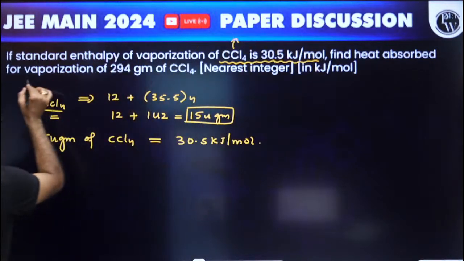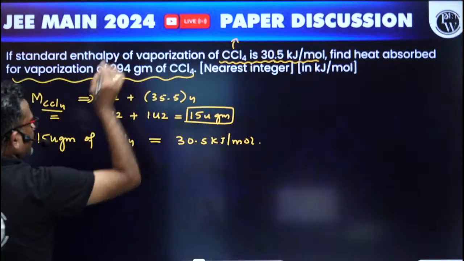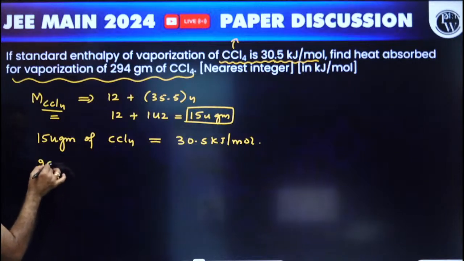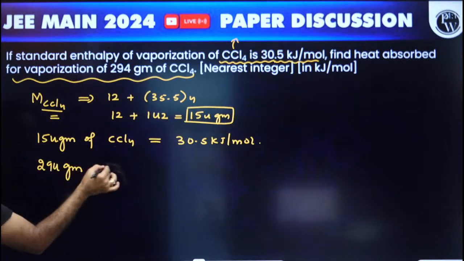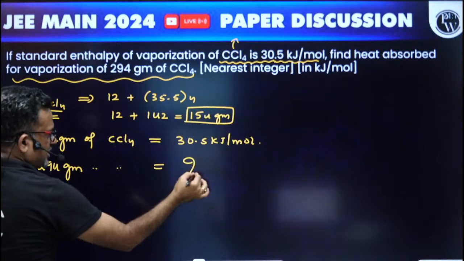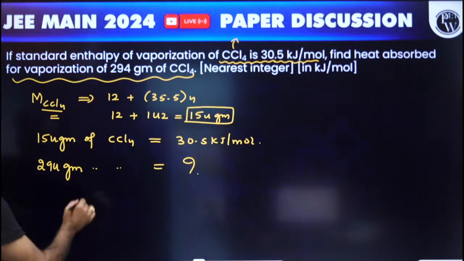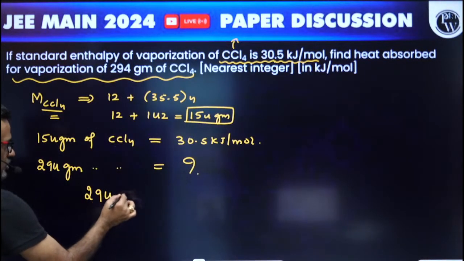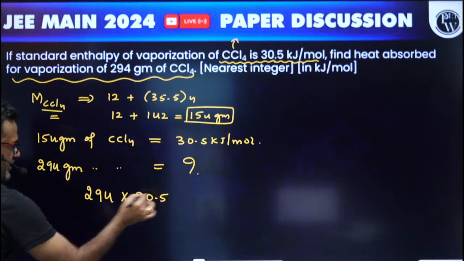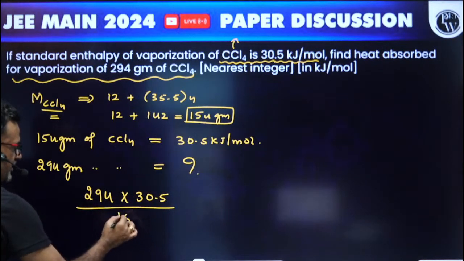Find the heat absorbed for vaporization of 294 gram of CCl4. For 294 gram of CCl4, what is the amount of energy needed? That is 294 into 30.5 divided by 154.